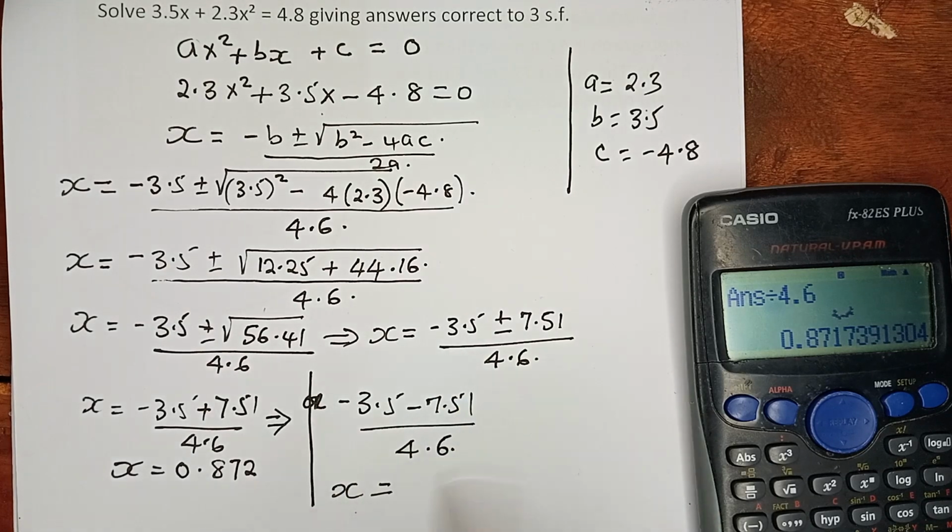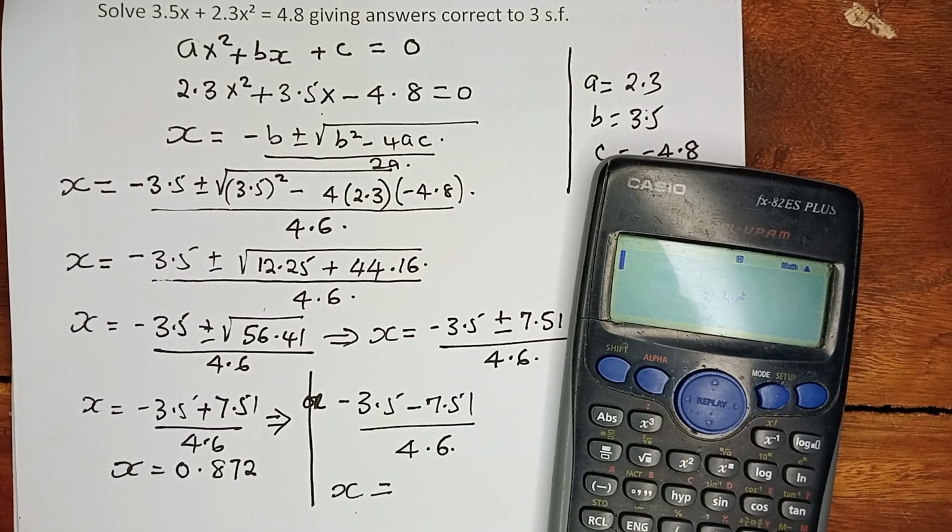So x possibly also is negative 3.5 minus 7.51, which by itself is negative 11.01, divided by 4.6.